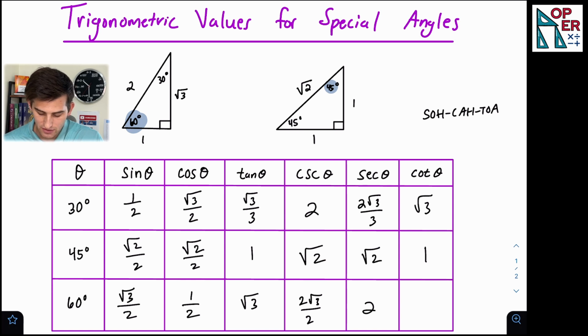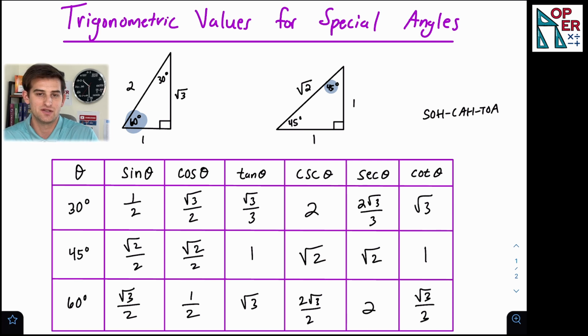And for cotangent, we have the inverse of tangent. So this is going to be 1 over root 3. So we rationalize by multiplying top and bottom by the square root of 3. So we end up with just root 3 over 3.